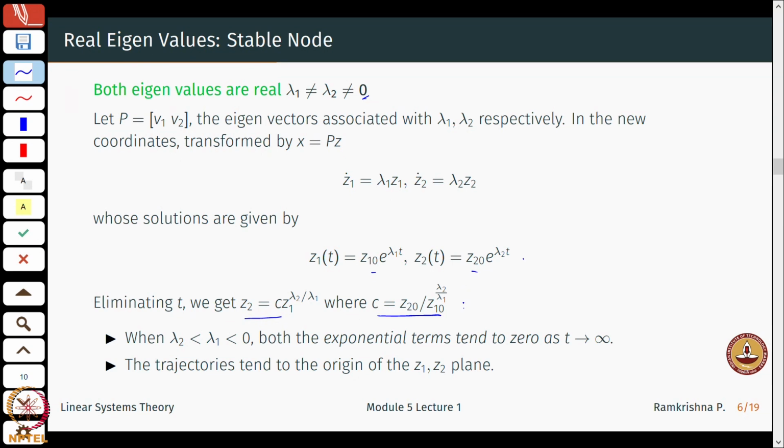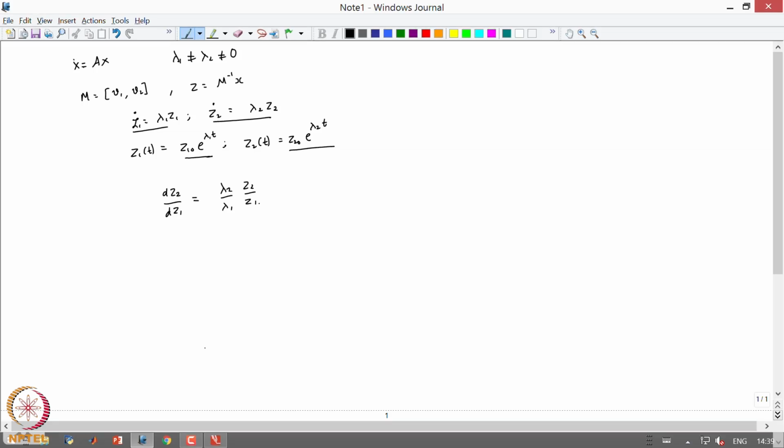Okay, the first case which we would be interested in is when lambda 1 is less than lambda 2 is less than 0, and both are negative, right. The first observation is, since both are negative, it is easy to check that this will go to 0, this term will also go to 0 as t goes to infinity.